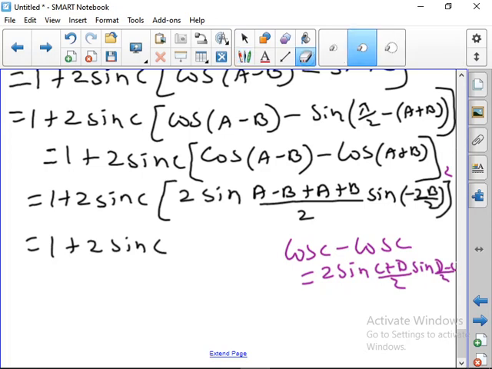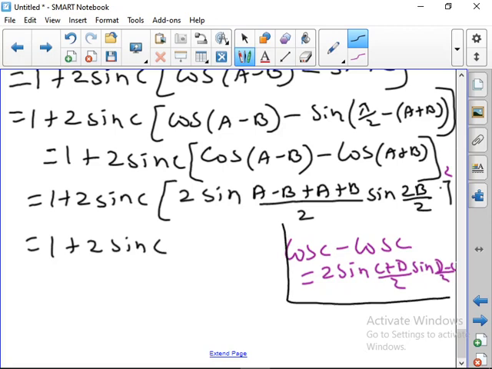Therefore, here we have A plus B minus A minus B. So we get 2B by 2. Not minus 2B, we get plus 2B by 2.